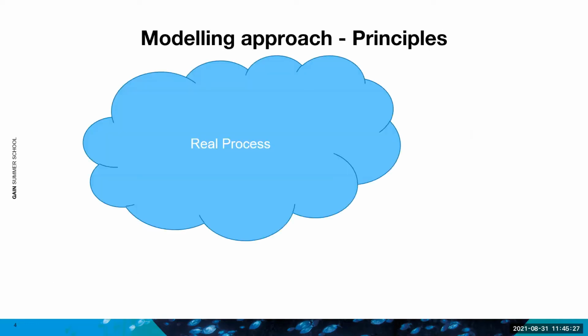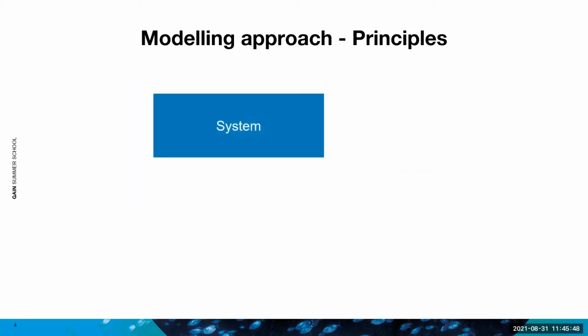So, to go back to the modeling approach, some principles. Joe already explained it very well, I just want to remind you of a few elements. Very simply, you have a real process you want to model. First of all, you have to define what your system is within this process.